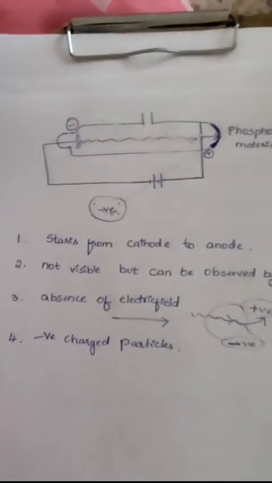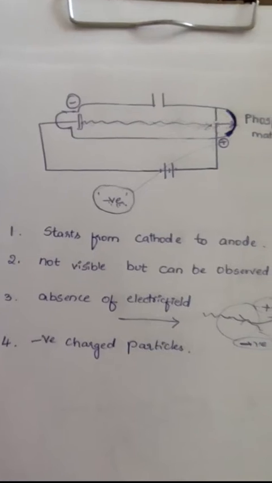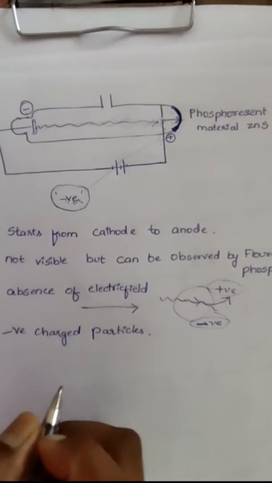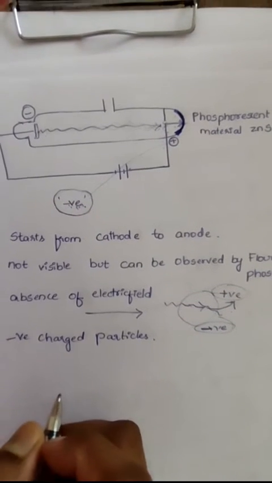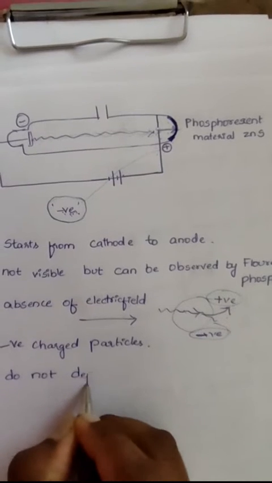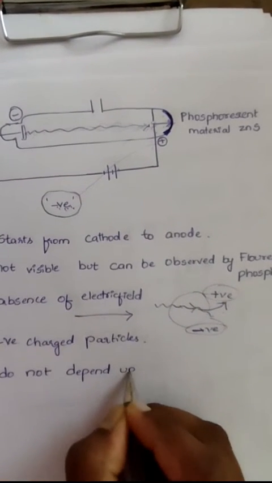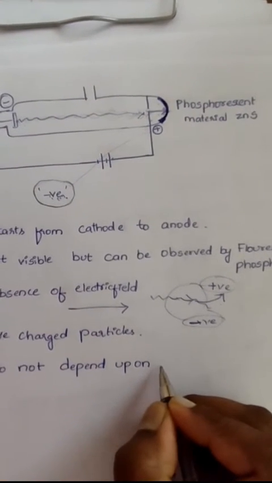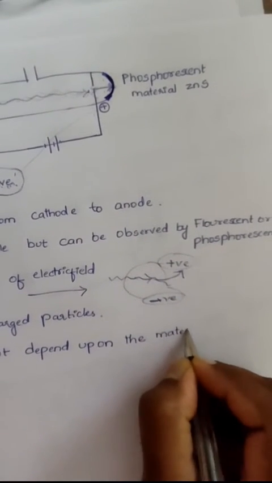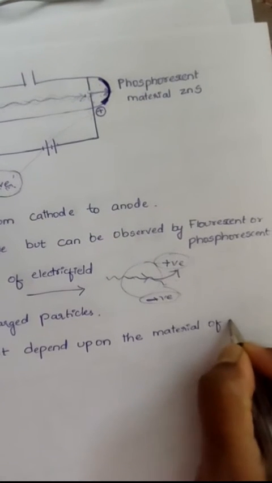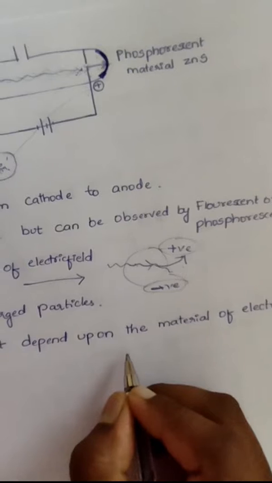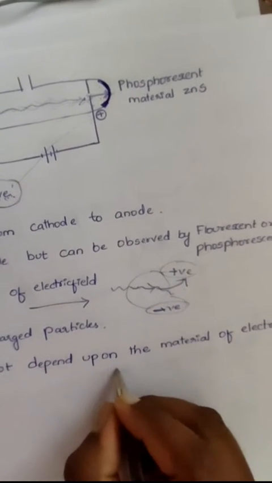These suggest that cathode ray particles are negatively charged particles. And these particles do not depend upon the material of the electrode and the nature of gas.